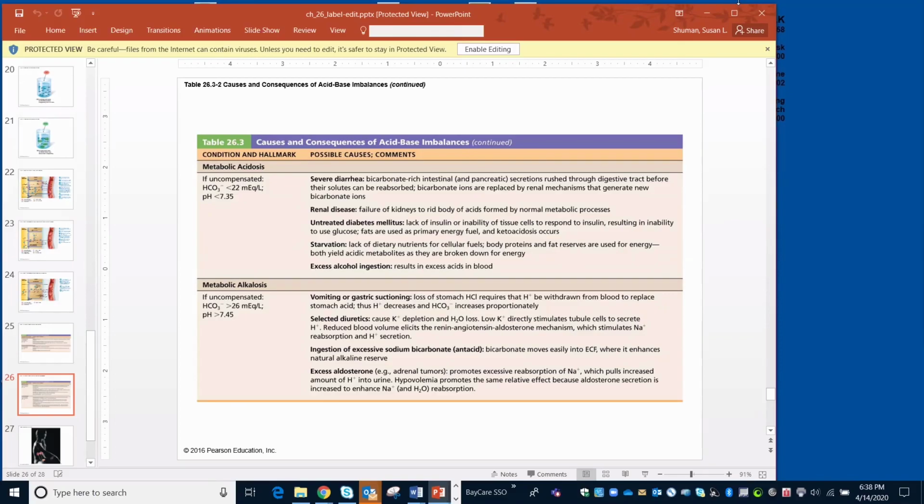Compensation is about both carbon dioxide and bicarb moving out of range in the same direction, because they have the opposite effect on pH. So if carbon dioxide is up, it's moving pH down, and your bicarb should be down to move pH down. That's the same direction, correct?